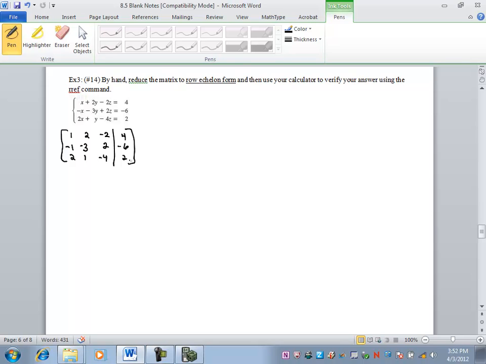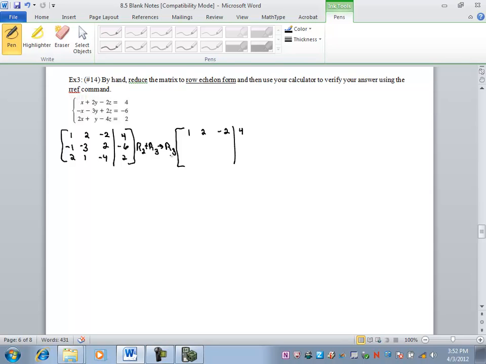Now the good news again, if you'll notice, is that we've got a 1 in that upper left hand corner. That's pretty cool. So I'm just going to rewrite that top row: 1, 2, negative 2, 4. And if I add rows 2 and 3, I can get the new row 3.